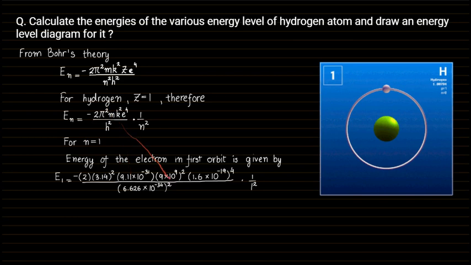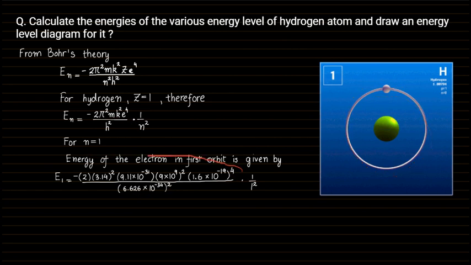The force constant is 9 times 10 to the power 9, whole square, times the charge of the electron 1.6 times 10 to the power minus 19, to the power 4. Now Planck's constant is 6.626 times 10 to the power minus 34, square, multiplied by 1 upon n square, and in our case we are taking n equals 1. That is your first orbit.